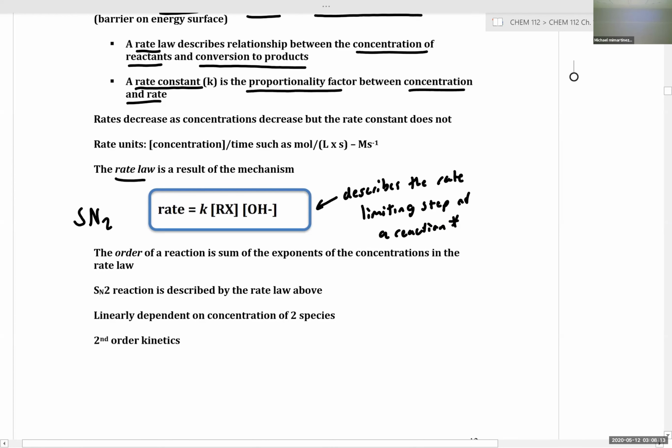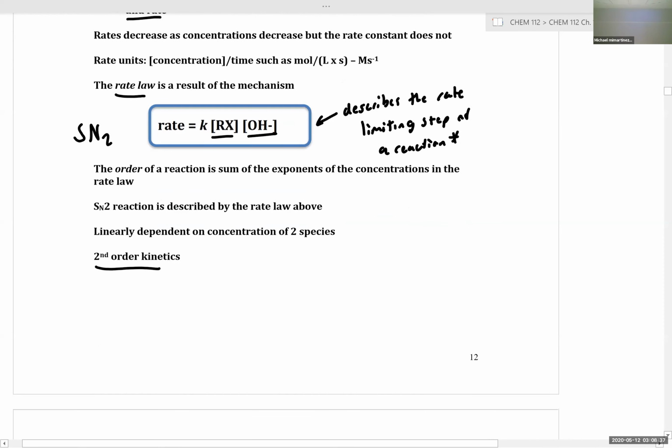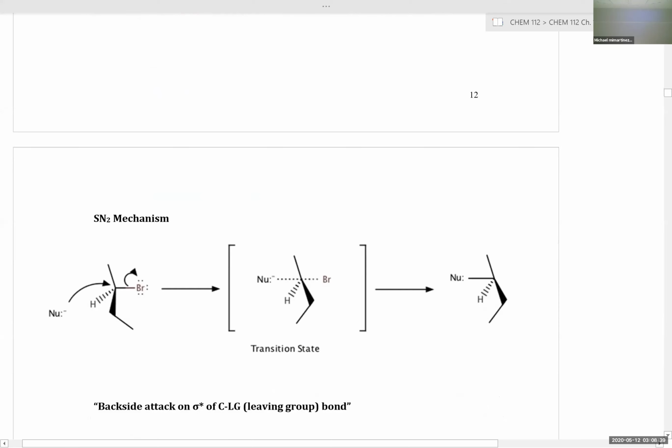So this reaction follows second order kinetics and depends on the concentration of our substrate and our nucleophile. The fact you see both concentrations in the rate law suggests this is a bimolecular process. We need two species reacting in our rate determining step.